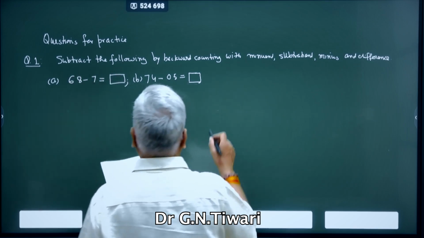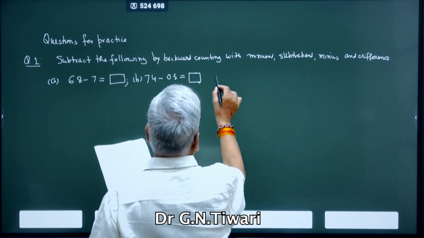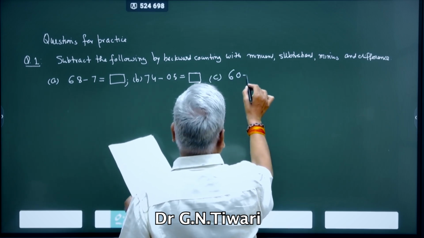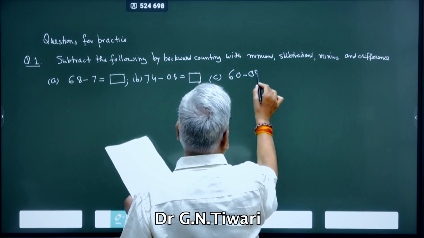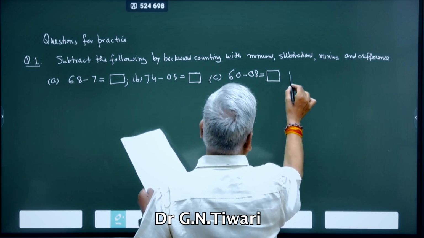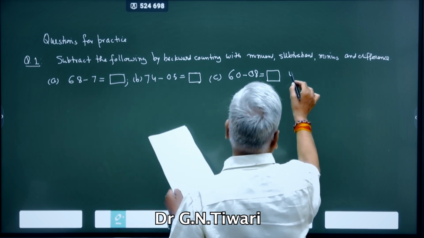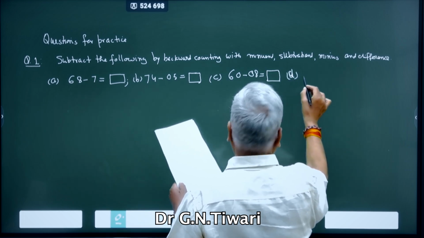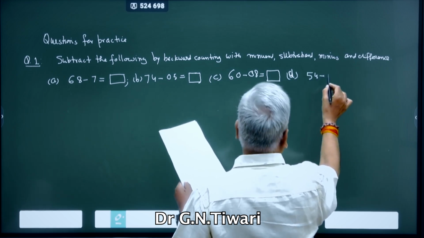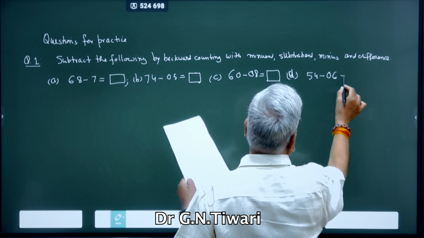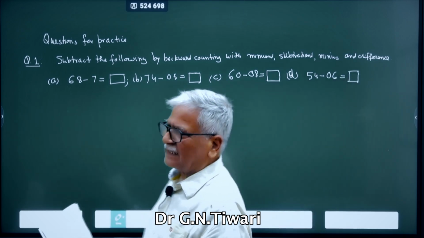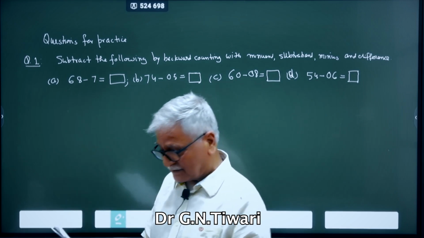O T O. C: 60 minus 8. And D: 54 minus 6. And the teacher can make many questions based on this.